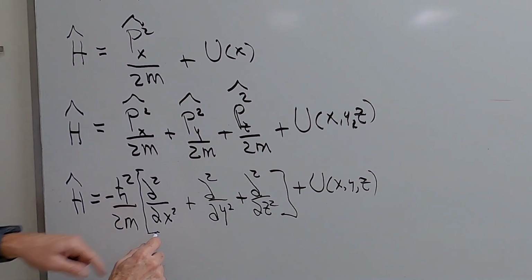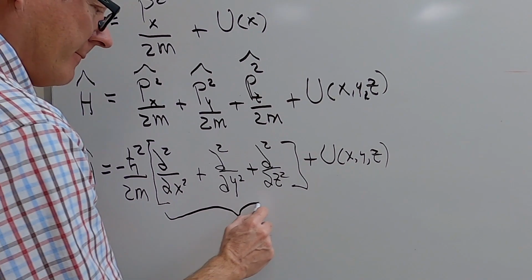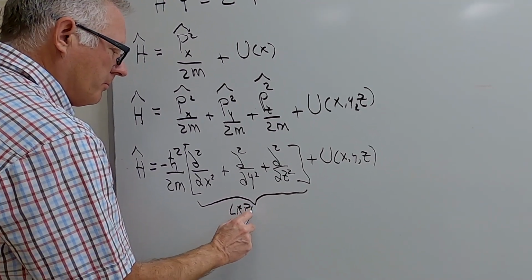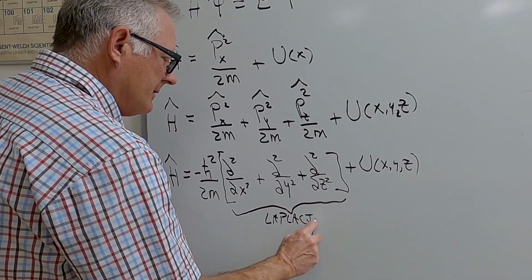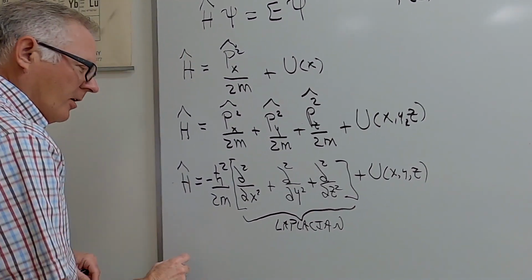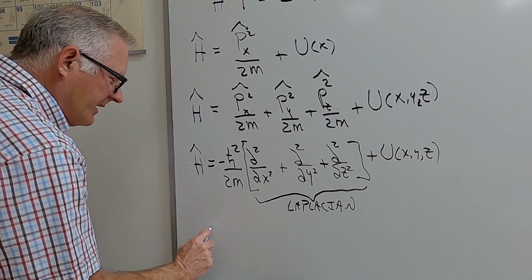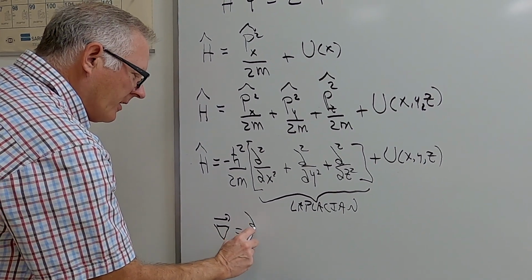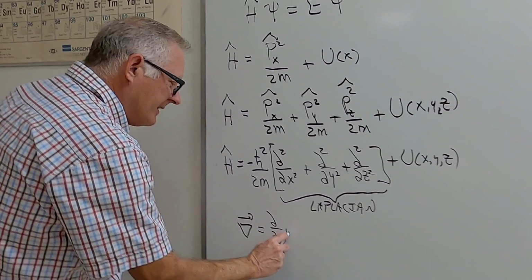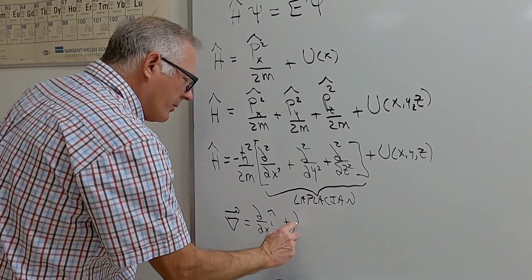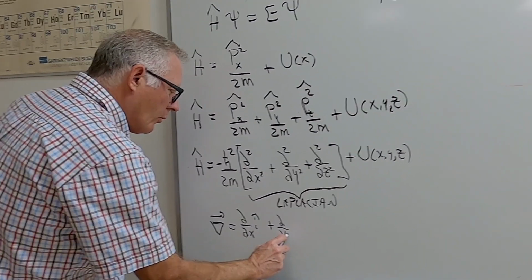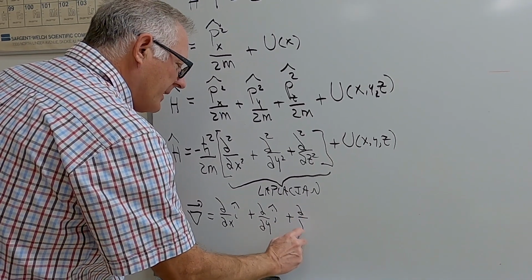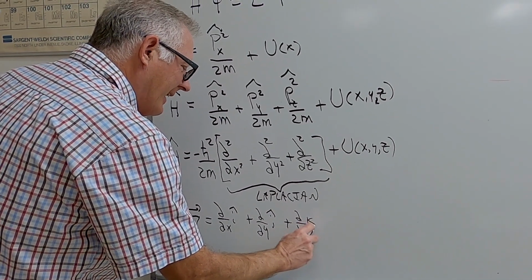Sometimes they give this a name right here. They call it the Laplacian. Or sometimes you might have seen it as the gradient, which is partial with respect to x in the i plus partial with respect to y in the j plus partial with respect to z in the k.